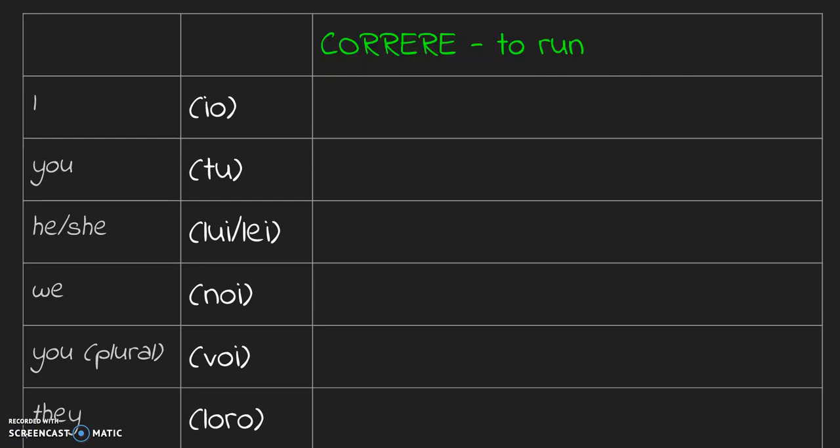So let's look at the next group of verbs, ere verbs. Here we have an example of an ere verb, correre, to run. So our initial steps are the same. We remove the ending, and this time it's an ere ending. And again, we are left with the stem, which is cor.